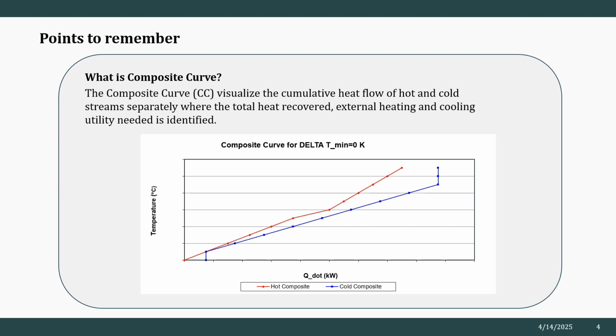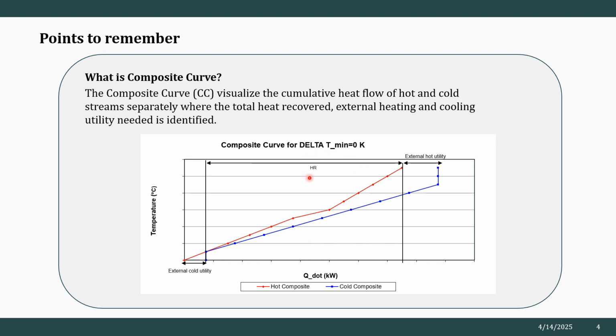Now, the composite curve. The composite curve visualizes the cumulative heat flow of hot and cold streams involved in that process. Thereby, the amount of heat recovery or external heating or cooling loads are identified. But how is it identified? Once we plot the composite curve, the region where the hot composite curve overlaps the cold composite curve is our direct heat recovery region.